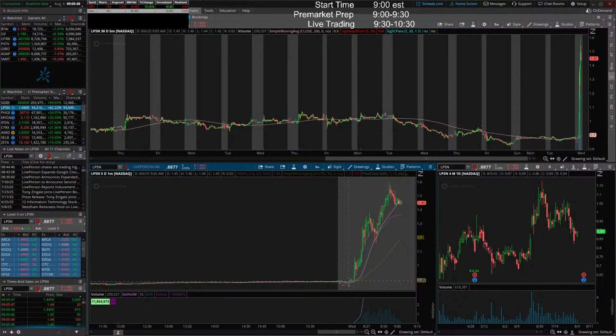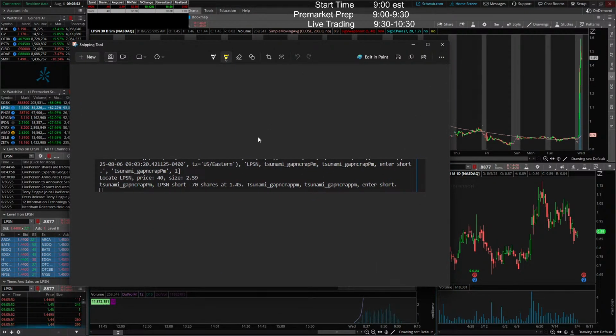So we're supposed to be short on this one. Here's what it says. We are trying to short at 145. This looks backwards. The price for the locate was 0.019, so it's cheap enough.